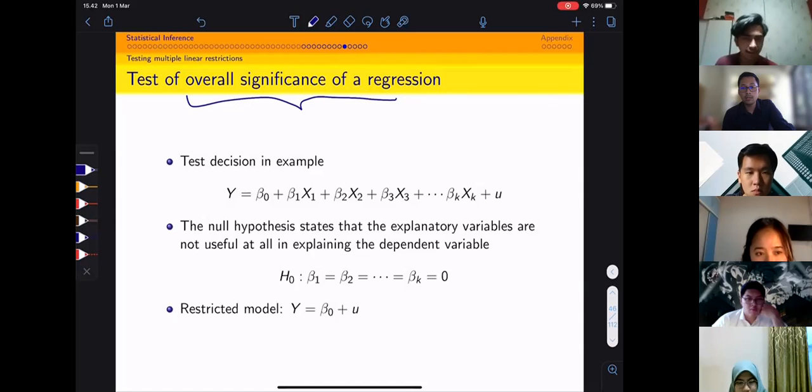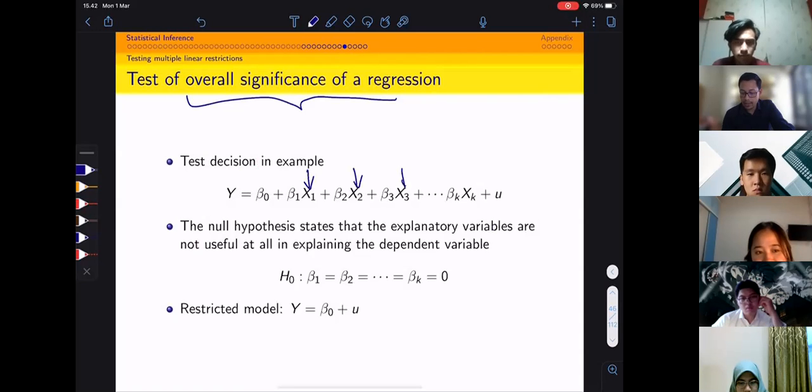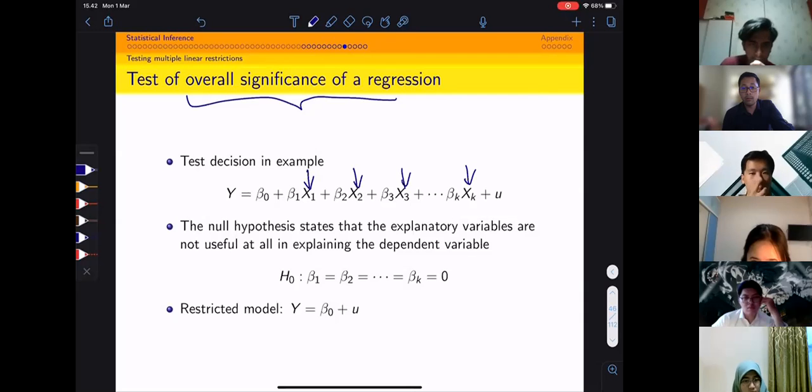Basically, we want to know whether or not x1, x2, x3, x4, and so on until xk are jointly significant. In that case, the null hypothesis is that beta 1 equals beta 2 and so on, up to beta k, equals 0. And the alternative hypothesis is that the null is not true.